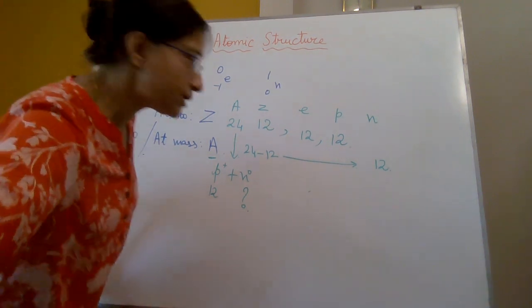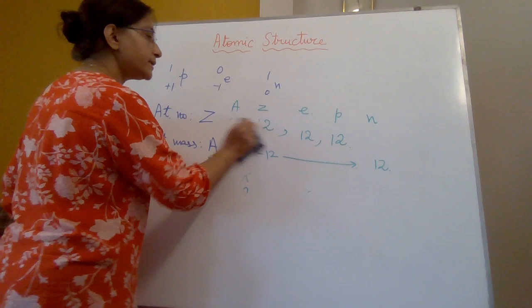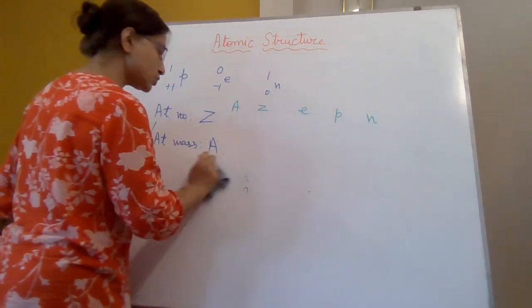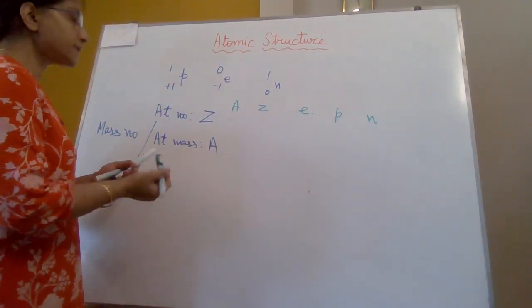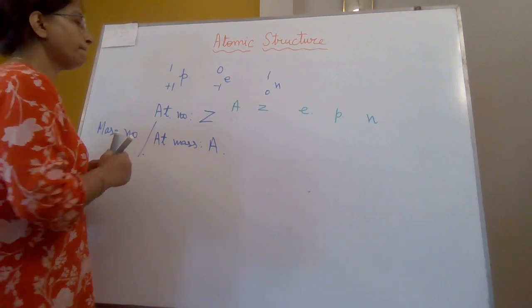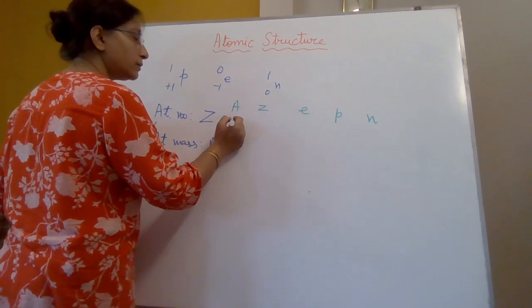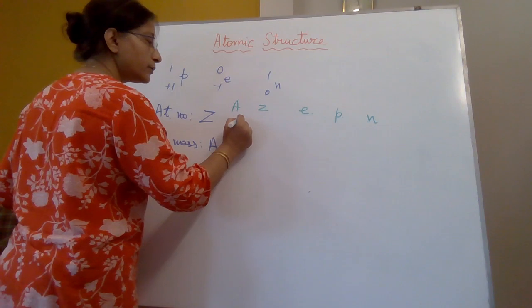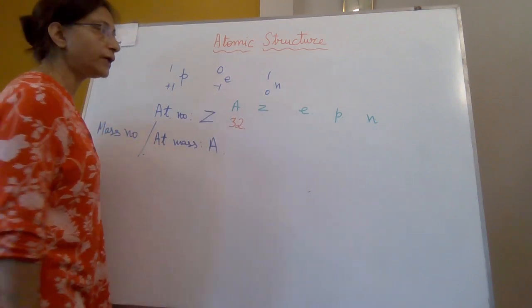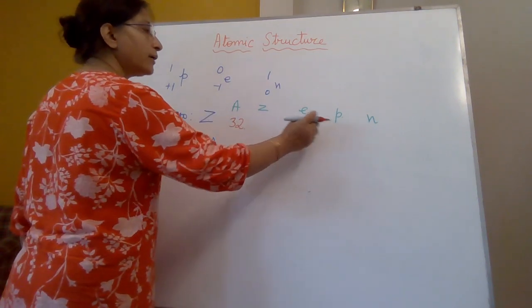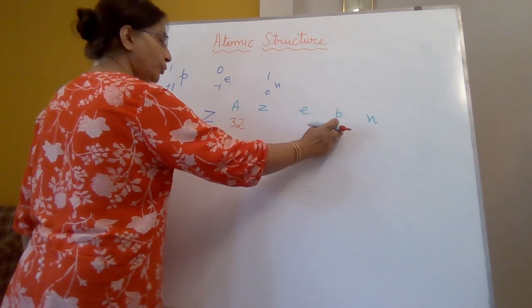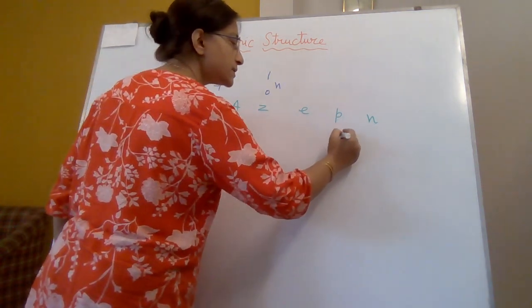Now let us change it a bit and have some different pieces of information. For example, let the mass number be 32, fine, and let me have the number of protons as 16.